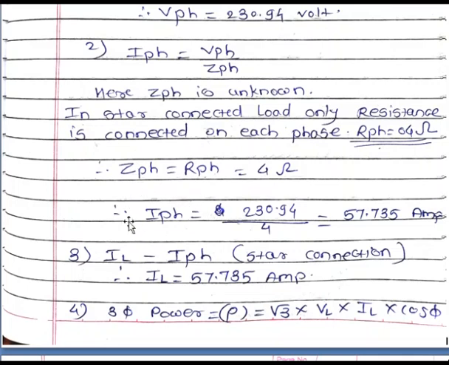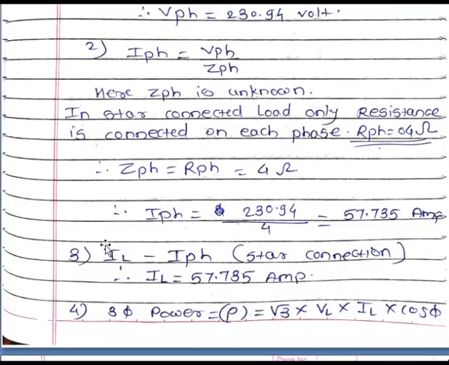So the calculation of IPH is 230.94 by 4, where 230.94 is the voltage and 4 is the resistance or impedance. The answer of this division is 57.735 ampere.